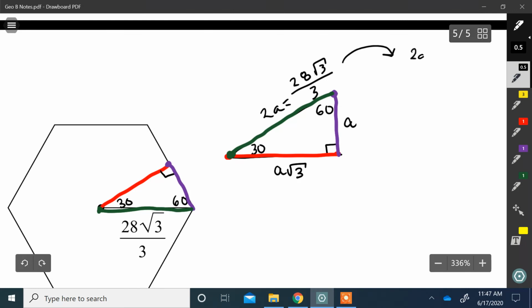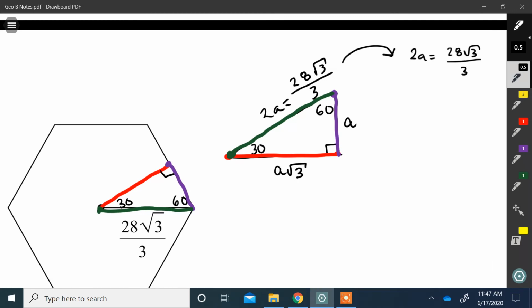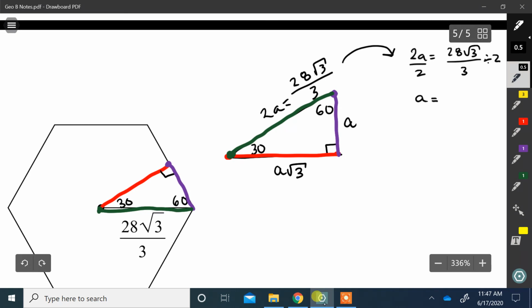If 2a is equal to 28 square root of 3 over 3, we want to figure out what a is. All we have to do is divide by 2. And we get a is equal to 28 divided by 2. It's actually 14, so you get 14 square root of 3 over 3. So this right here is 14 square root of 3 over 3.